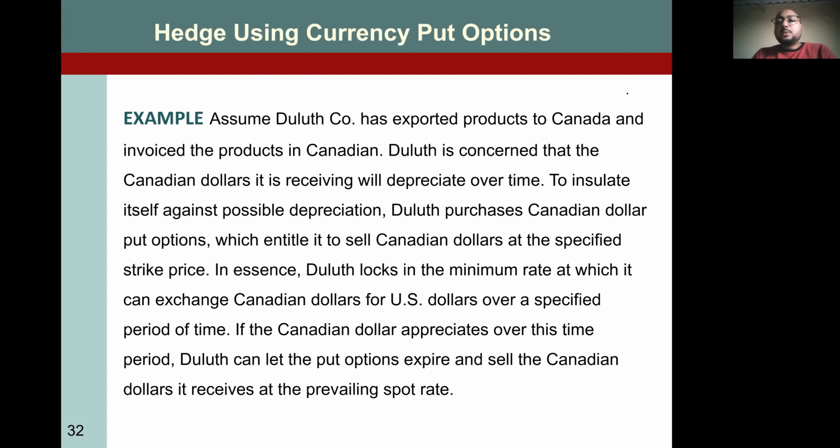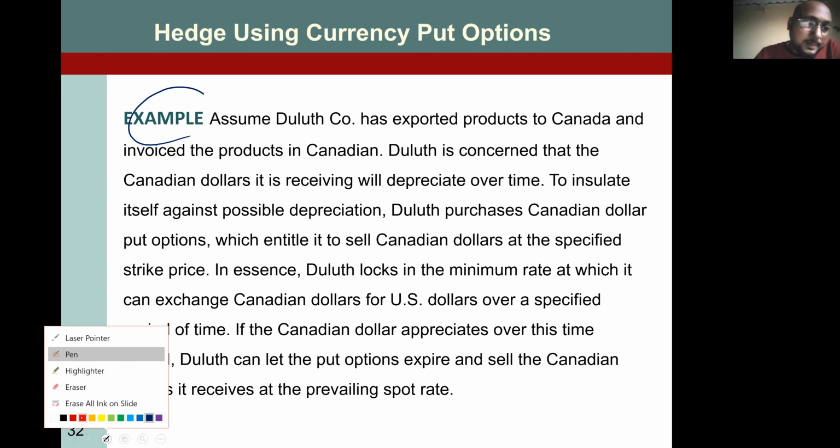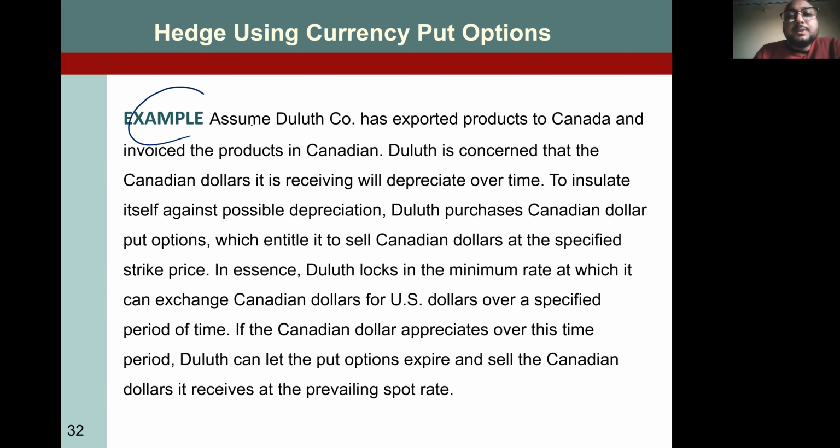Now, how we can use put options for hedging purposes. So, using a put option to hedge. Let's talk about an example here. Let me change the pencil color. So assume Duluth Corporation has exported products to Canada and invoiced the product in Canadian dollars.